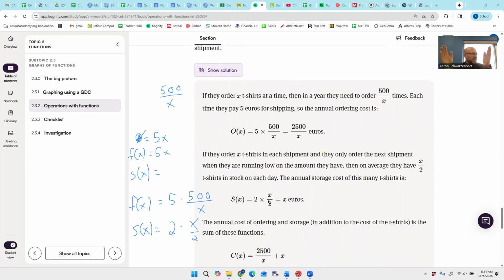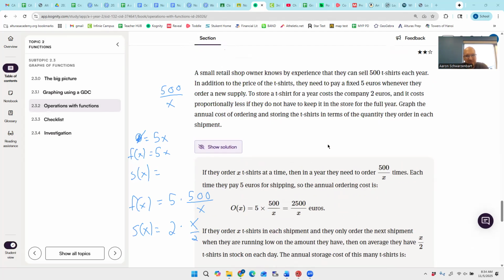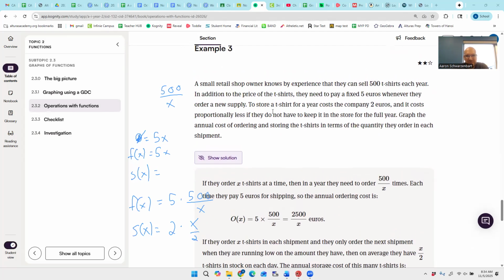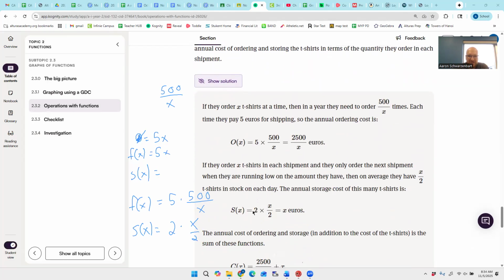Let's say you order every 2 months. This is not well written. Just know not a full year means half. Again, I don't think they're storing for a full year anyways.